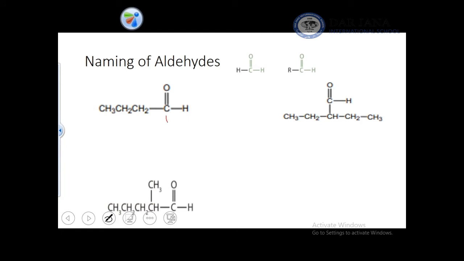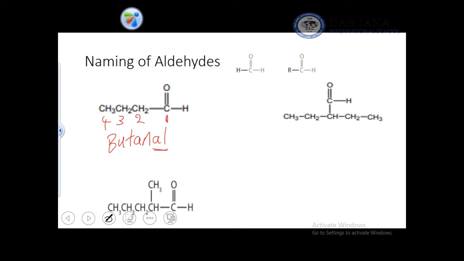We start numbering this chain from the carbonyl carbon: 1, 2, 3, 4. Because it contains 4 carbon atoms, it's called butanal. Instead of the E ending of the parent alkane, instead of butane, we drop the E and put AL, so it becomes butanal.